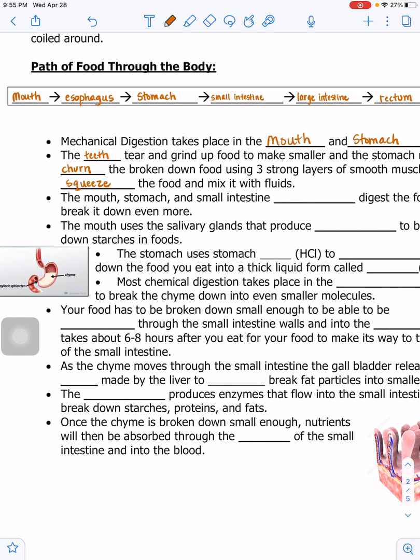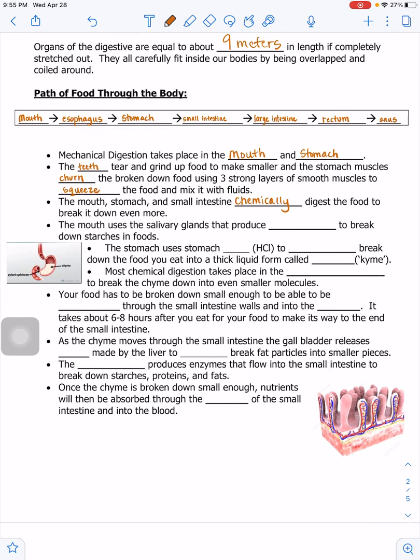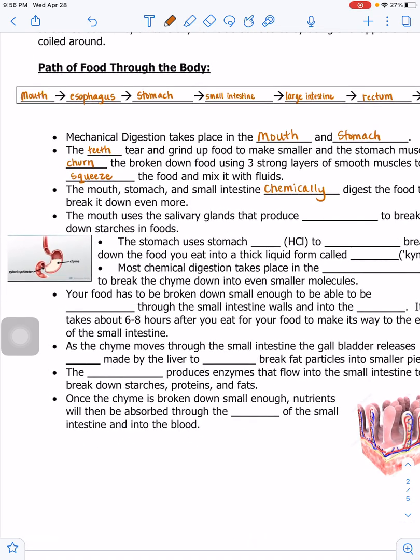The mouth and stomach and small intestine chemically digest the food to break it down even more. The mouth uses the salivary glands that produce enzymes to break down starches in foods.